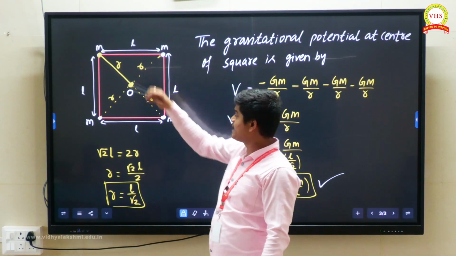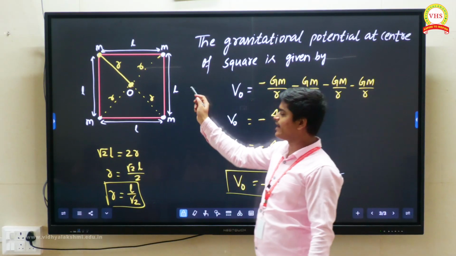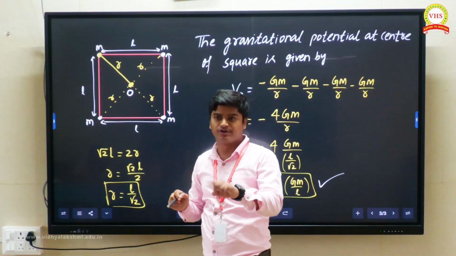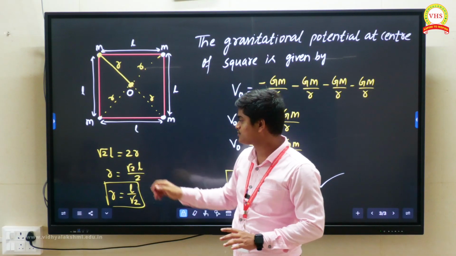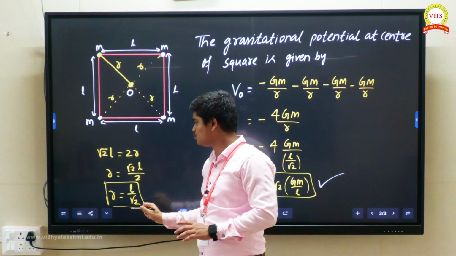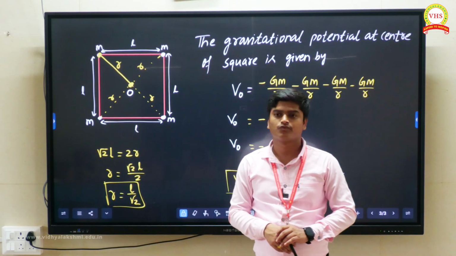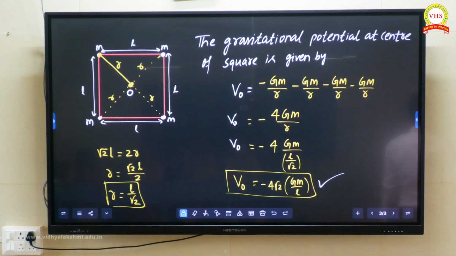Now 4 masses are there, that's why minus 4 Gm by r. But r value in terms of L you have to find, because L is given in the question, r is not given directly. So total diagonal is root 2 L equal to 2r, so r equal to root 2 L by 2, so L by root 2. Now substitute and get the answer. Note it down. I hope you understood. No doubt here.